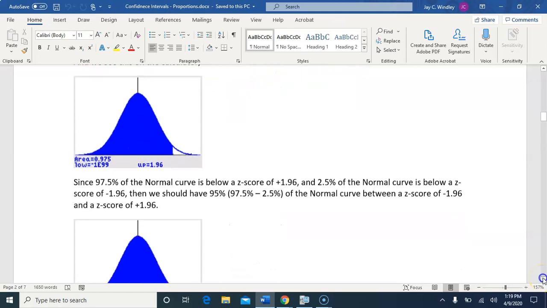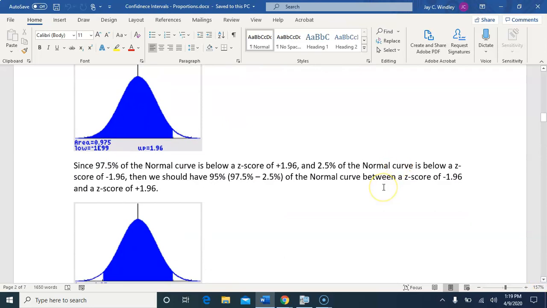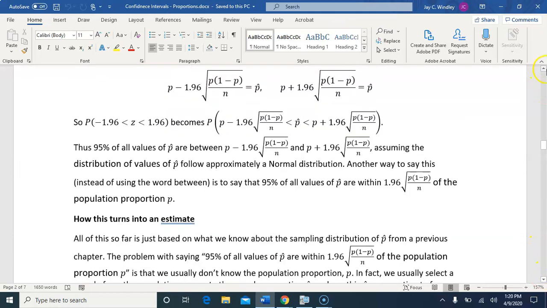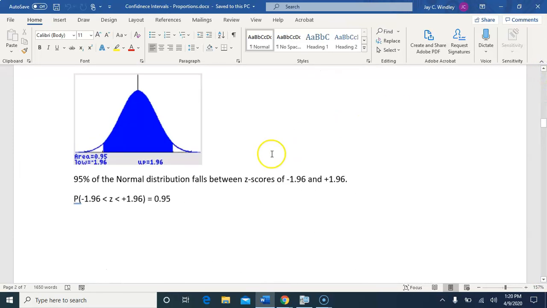And so if we have 2.5% below negative 1.96 and 97.5% below positive 1.96, then that means we have 95% in between positive 1.96 and negative 1.96, as illustrated in this graph. So 95% of any normal distribution is going to land between a z-score of negative 1.96 and positive 1.96, which is also illustrated by this probability statement here.